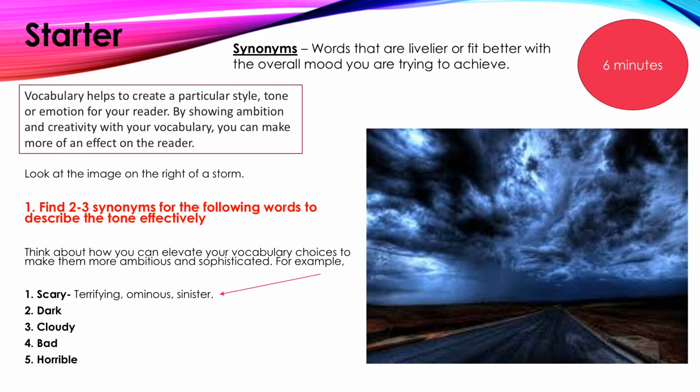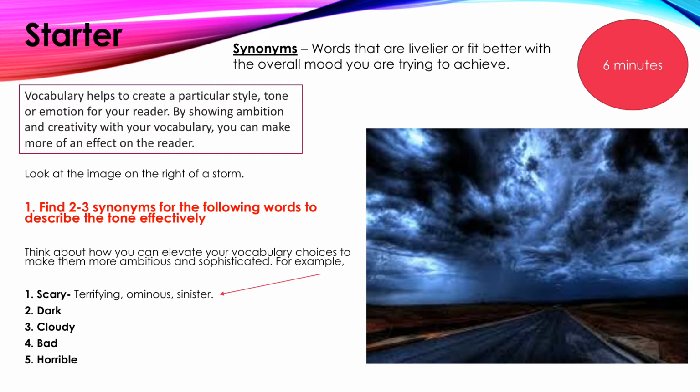Okay, Year 10. So for our starter activity now, I'd like you to spend roughly 6 minutes looking at the image on the right of a storm, finding 2 to 3 synonyms for the following words to describe the tone effectively. So now just look at the image, think about the tone of the image and also any atmospheric symbolism that you can get from this.